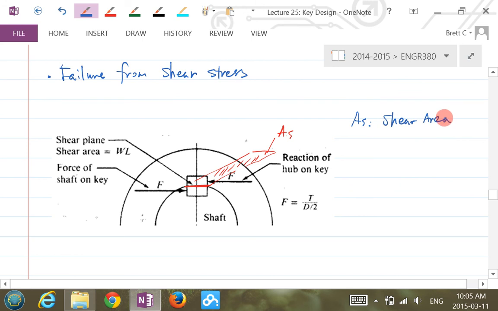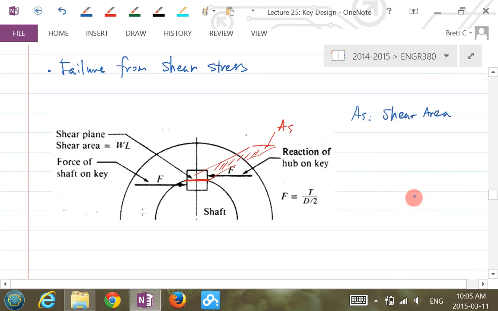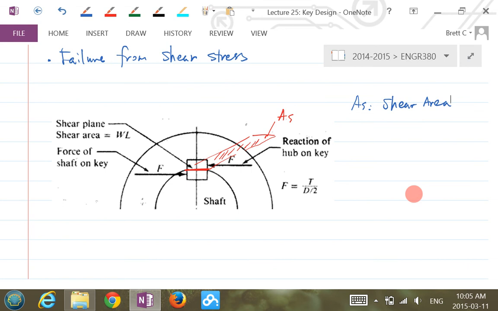Torque is the torque being transmitted. F is the amount of force that generates the torque. So F times half of the diameter is the torque, so F equals T divided by half of the shaft diameter.